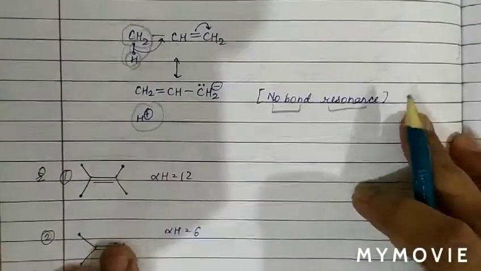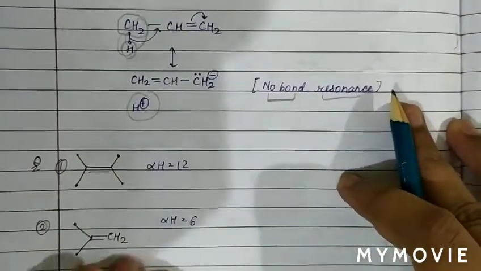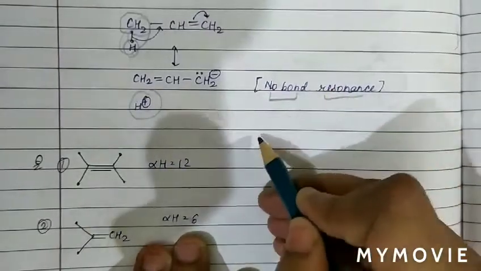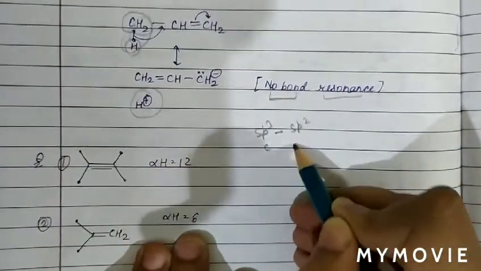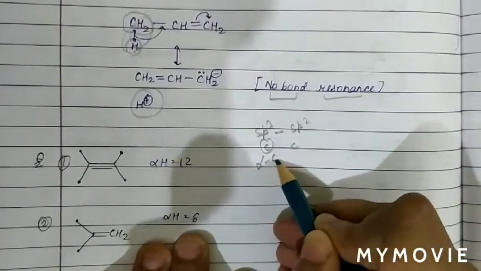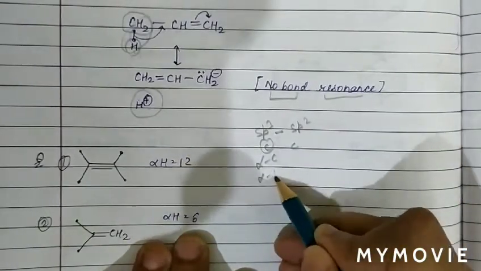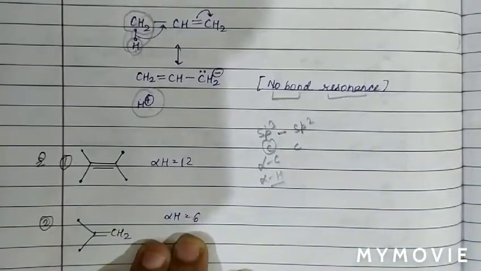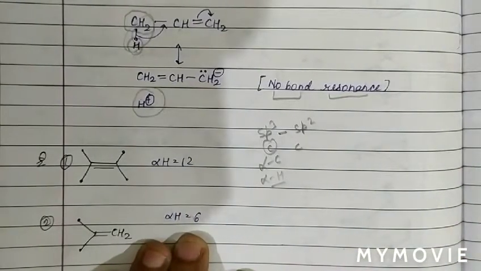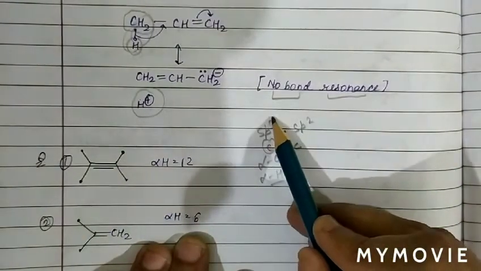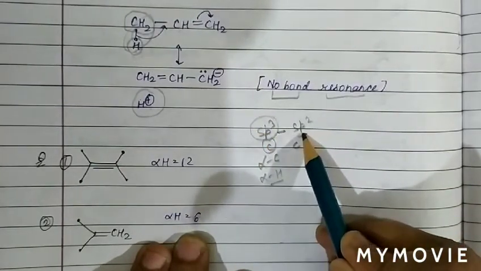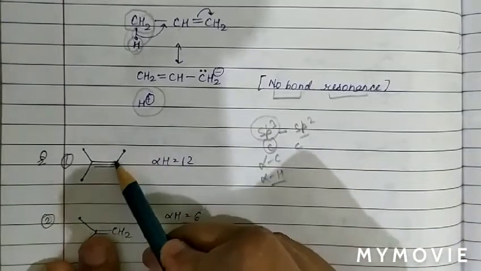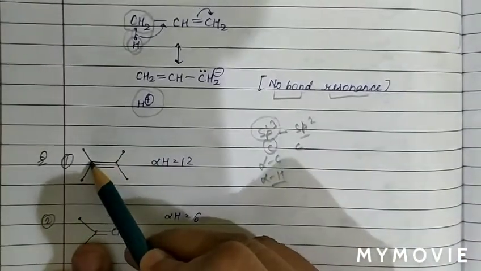The shortcut we use in hyperconjugation is that there must be an sp3 carbon attached to an sp2 carbon. This carbon we call the alpha carbon, and the hydrogens attached to it we call alpha hydrogens. So the condition for hyperconjugation is an sp3 hybridized carbon connected to an sp2 hybridized carbon. See, this is an sp2 carbon, this is also an sp2 carbon.